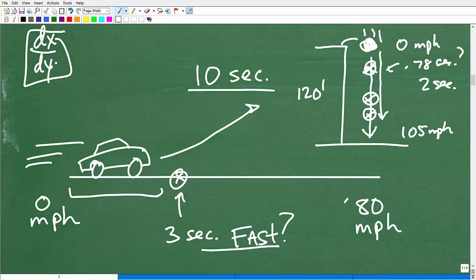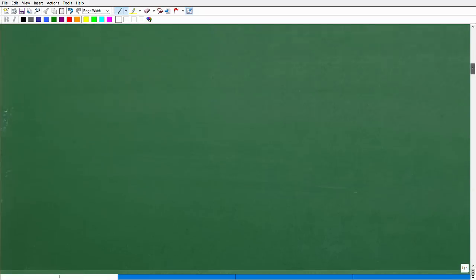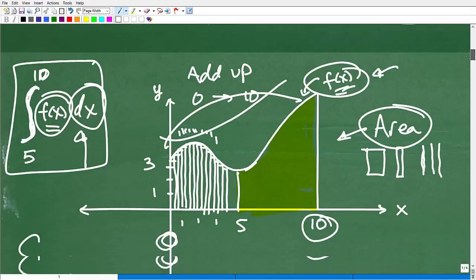So calculus solves two big problems for us. It does so much more, obviously, but the two big problems you can think about are, first, instantaneous velocity questions like this. If something's accelerating, we can use calculus to answer these questions. The second thing is the area problem.